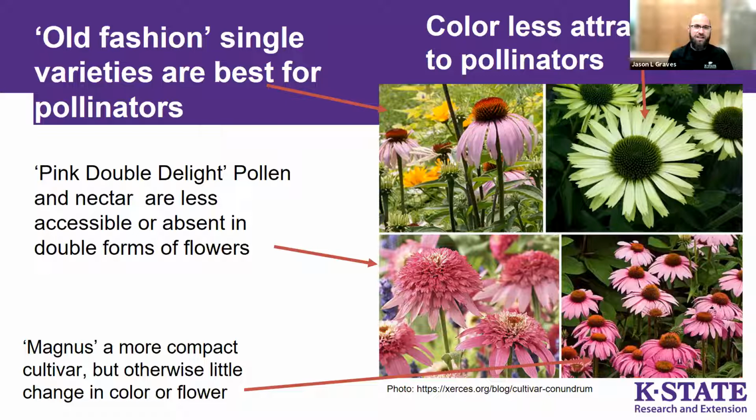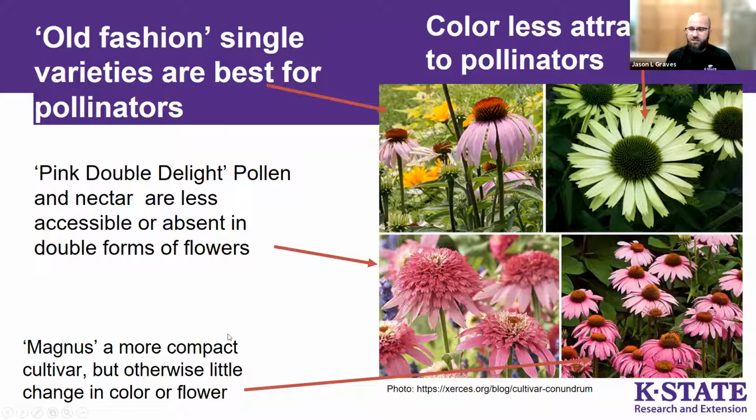We talk about how it can really be a good idea, if you're developing pollinator habitat, to focus on the original species of the plant that you're after, because coneflower is a good example. We've got varieties, as you can see up here in the corner, of color changes in plants that may not be attractive to bees, where a coneflower has been bred to have more of this green, kind of a whitish color that's not going to be as attractive to our pollinators.